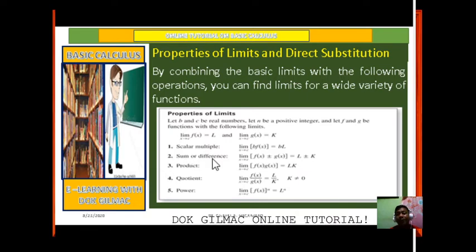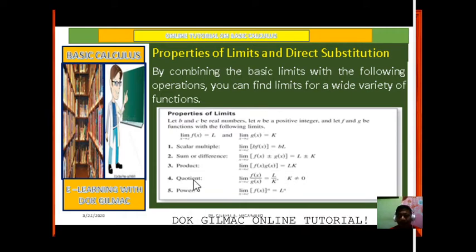Then we have the sum or difference, the limit of f of x plus or minus g of x as x approaches c is equal to L plus or minus k. And we have the product property of limits, the limit of f of x times g of x as x approaches c is equal to L times k.